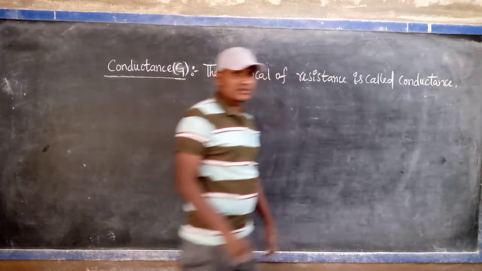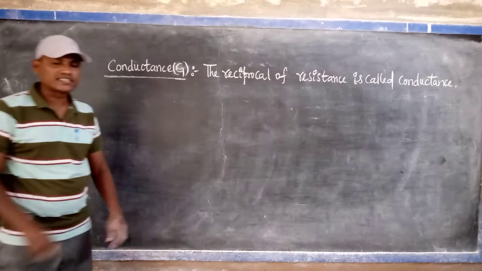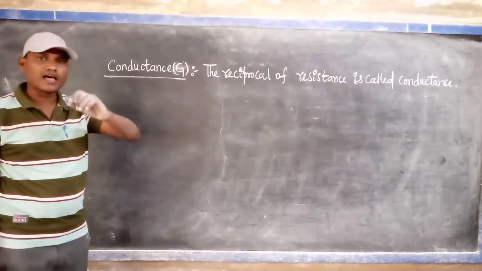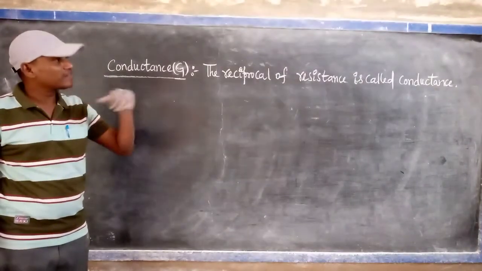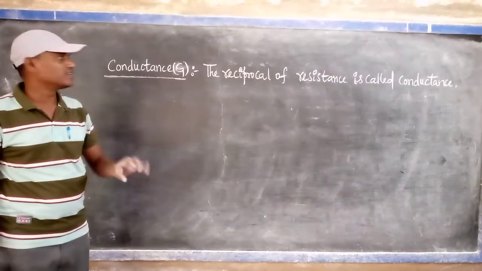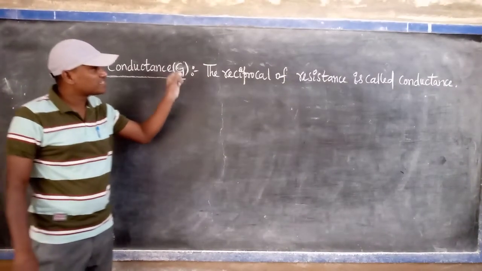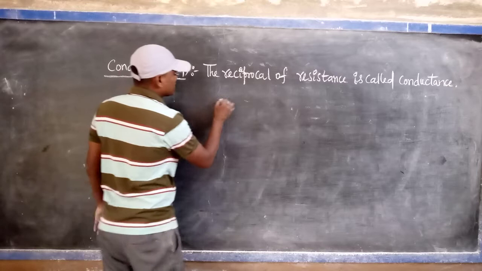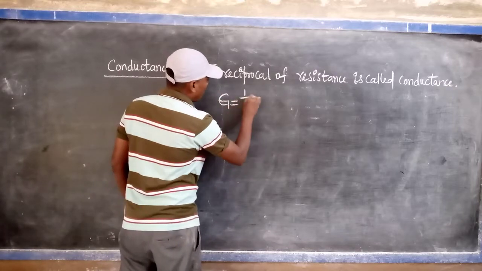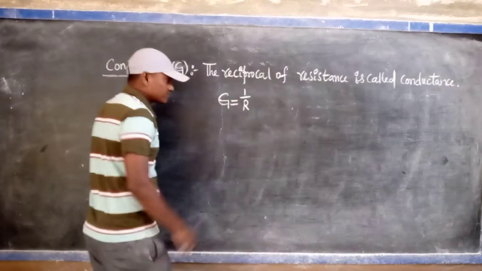Resistance is some opposing force acting, which is why electrons do not carry the current easily. But conductancy means allowing the current easily. So the reciprocal of resistance is called conductancy. G is equal to 1 upon R.